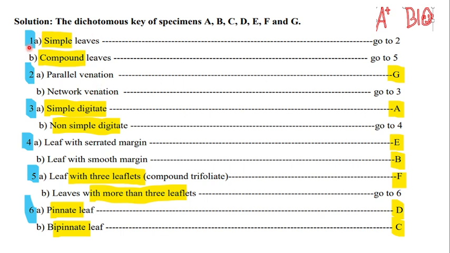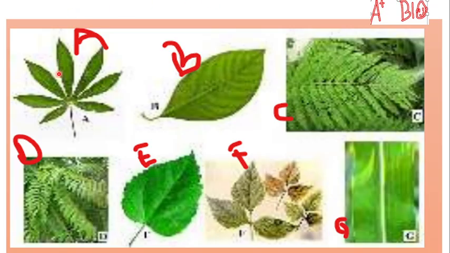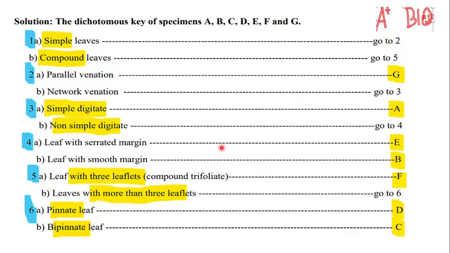Just go and highlight your characteristics to distinguish them, starting from the general characteristics, which simply separate them in general. Like you say, simple leaf and compound leaf, means each leaf here is either simple or compound. Now, in simple, we have types of venation. Take venation: some are parallel, others are network.